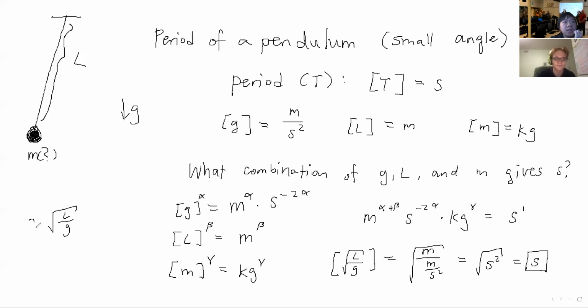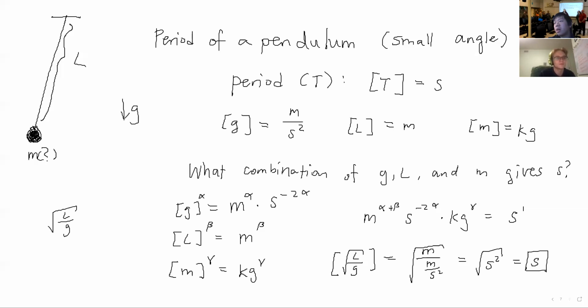And then the constant here, you guys didn't see that. What happens to the constant that is next to square root of L over G? Anyone remember from SHM?